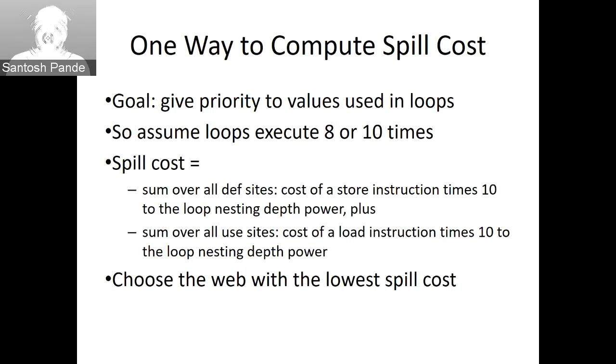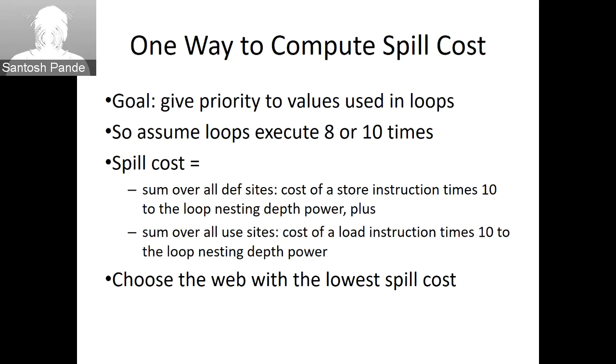So this is how statically we'll determine the spill cost for each of the webs. The interference graph that we have carries that information. It carries the name of the web, and it also carries the spill cost for that particular web. So if we don't give the web a register, then roughly this will be the cost we'll have to pay because of the underlying memory accesses for load stores.